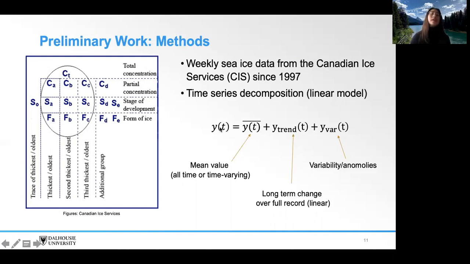This could be ice thickness, concentration, etc. Y bar is the average value, Y trend is the long-term change, and Y var is the variability or anomalies. Note that this can be taken over all time, seasonally, monthly, or over any defined time. So far, I've focused on the means and trends just to get a sense of the data and how it's changing. And we'll see these in the next couple of slides.